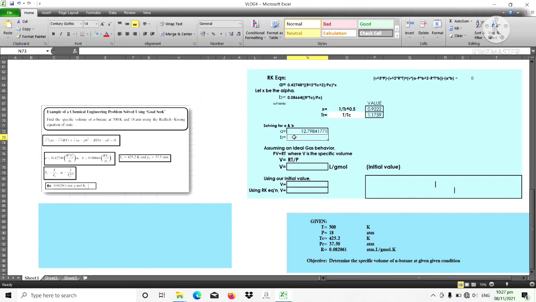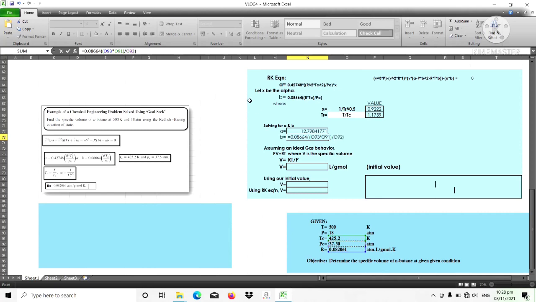For B, we also have this formula. Click that one, then paste, then distribute the value for R, which is 0.082061, the critical temperature, which is 425.2, and the critical pressure, which is 37.5.